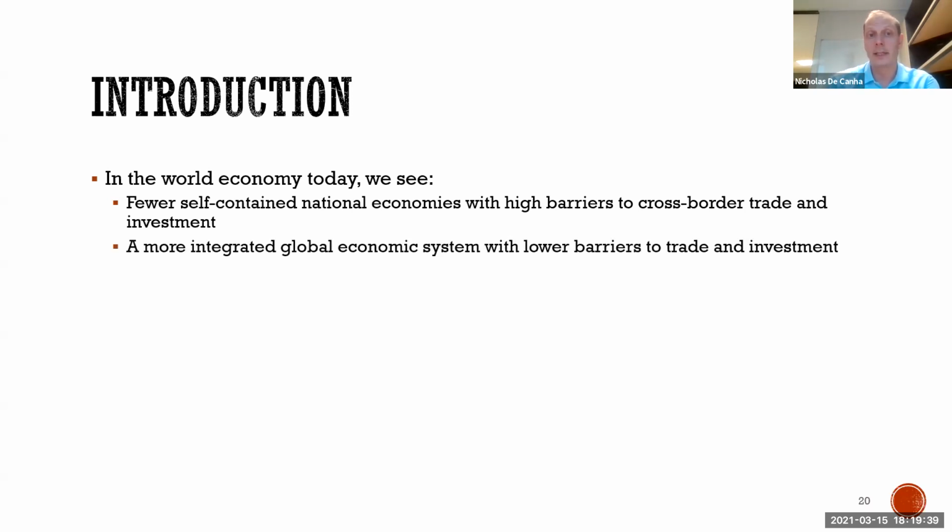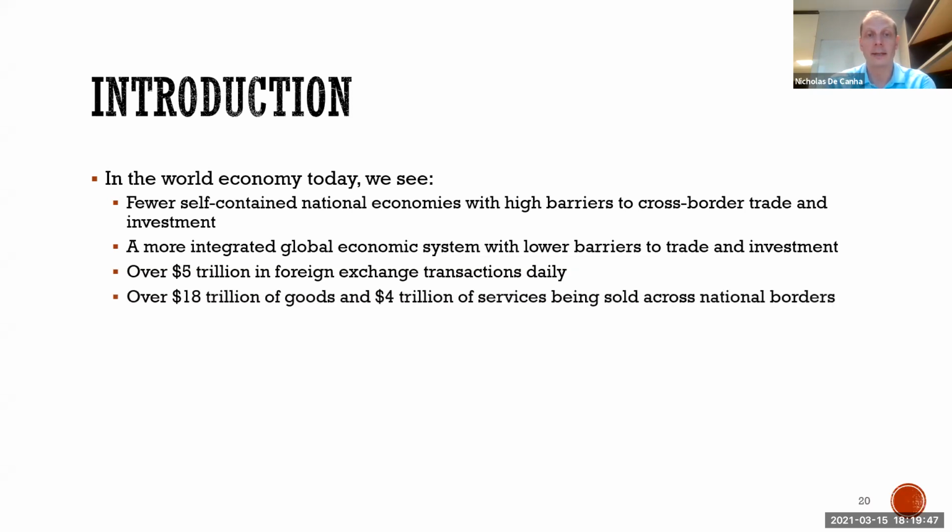And what that's led to is integrated economic systems with lower barriers to trade and investment. There's something like over $5 trillion worth of forex exchange daily, and over $18 trillion of goods, $4 trillion of services being sold across borders. And we're going to talk a little bit more about the composition of trade. And obviously, there was also transnational institutions.